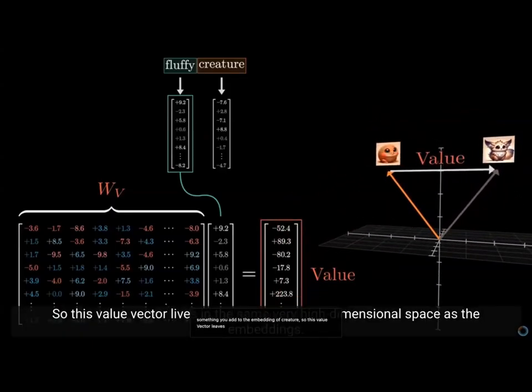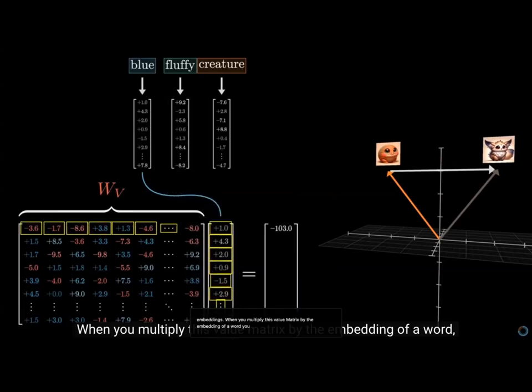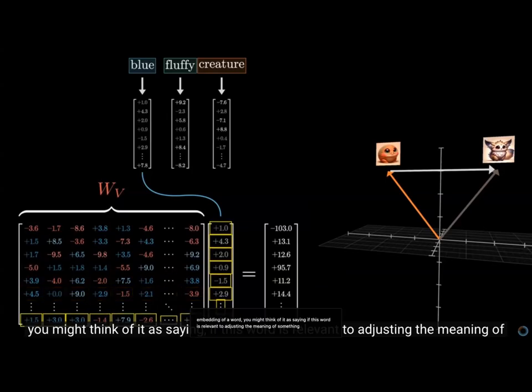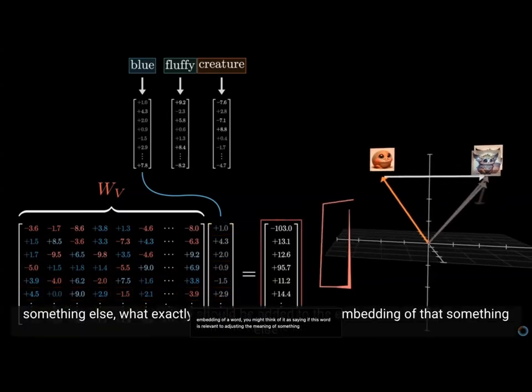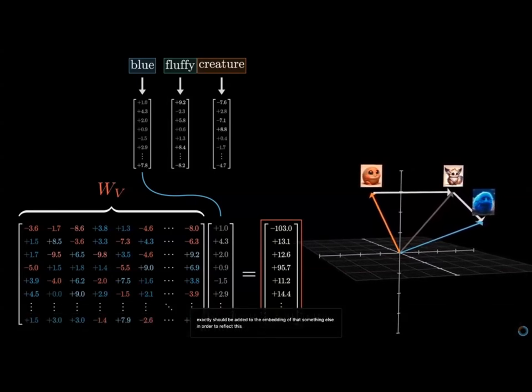So this value vector lives in the same very high-dimensional space as the embeddings. When you multiply this value matrix by the embedding of a word, you might think of it as saying, if this word is relevant to adjusting the meaning of something else, what exactly should be added to the embedding of that something else in order to reflect this?